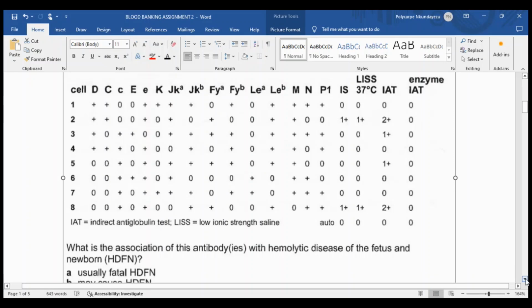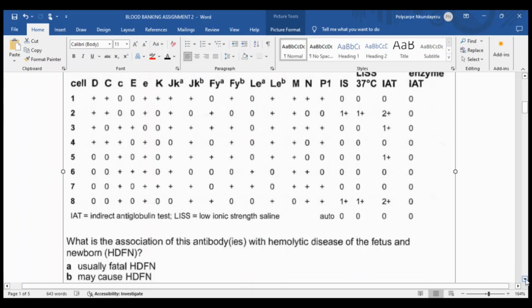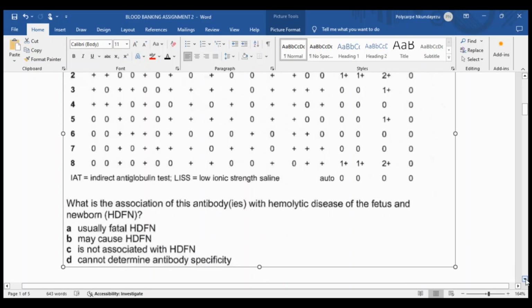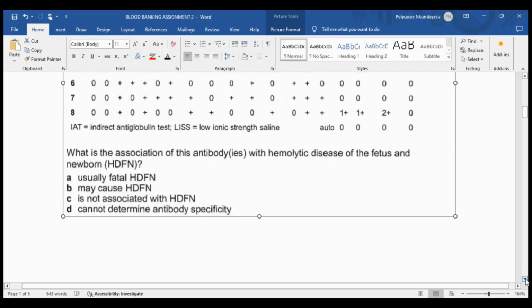Now, what is the association of Duffy A with hemolytic disease of the fetus and newborn? Probably I may not be able to take you through the notes, but I remember where that point is. In the notes, we say Duffy A is not associated with severe hemolytic transfusion reaction, and also hemolytic disease of the fetus and newborn can be mild.